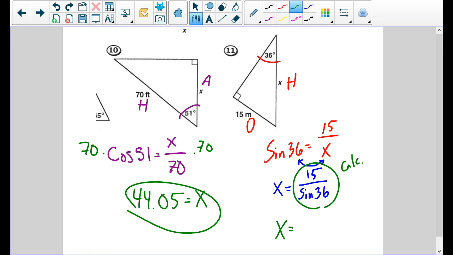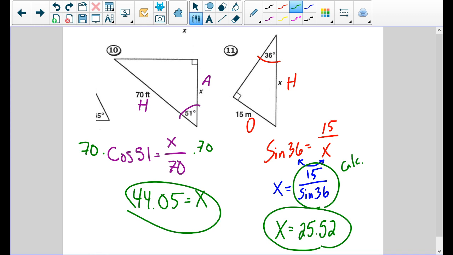So 15 divided by sine 36 is 25.52. Now, how did I know somewhere we made a mistake? The number is too low. Yeah, hypotenuse has got to be the biggest side, right? And we got 8 smaller than 15, so I know somewhere I made a mistake. And I forgot to bring down the 1 there to make it 15 divided by sine 36, okay?